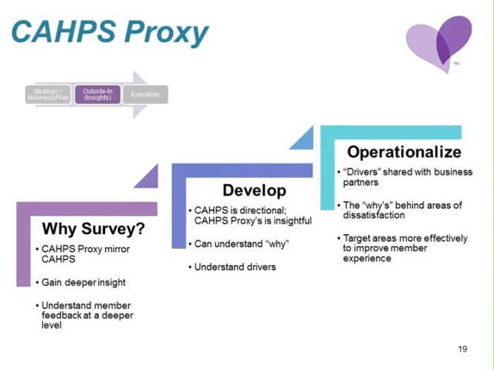One of the CAHPS questions is, in the last 6 months, when you or your child needed care right away, how often did you or your child get the care you needed as soon as you needed it? Well, as you know from CAHPS, you have the opportunity to say never, sometimes, usually, or always.